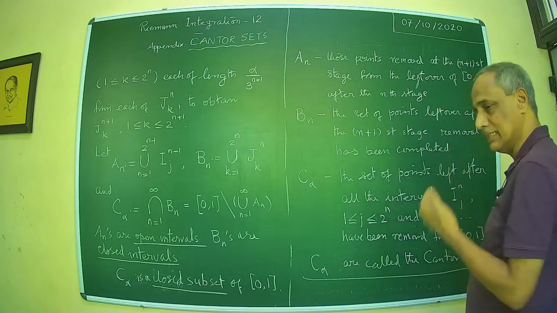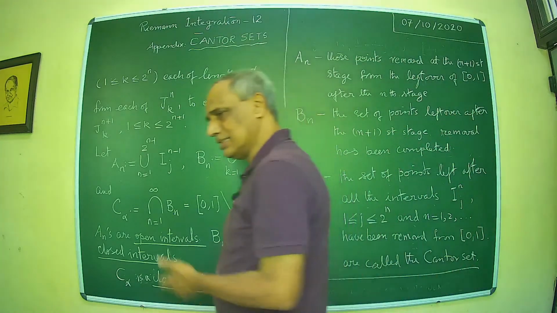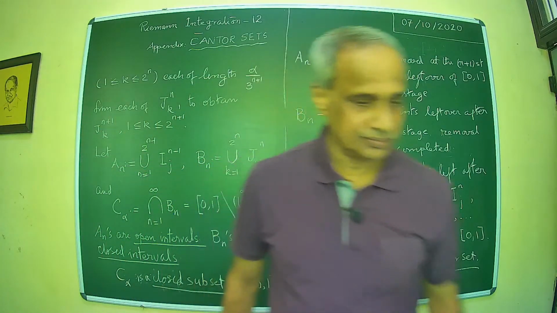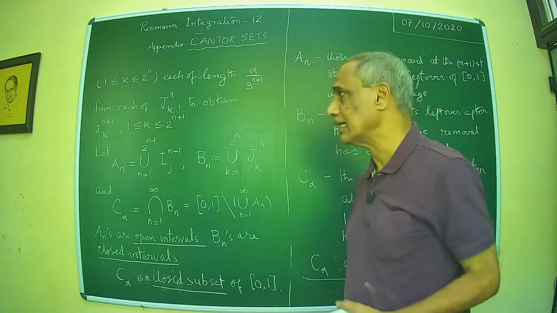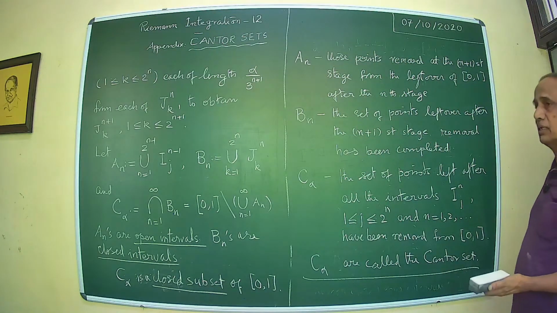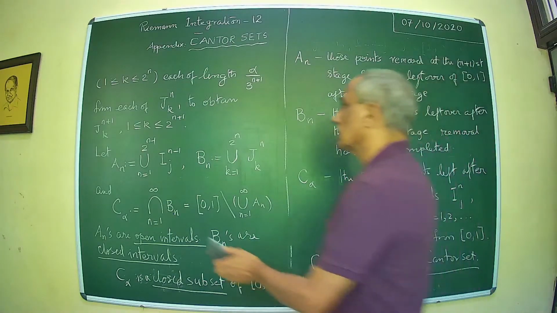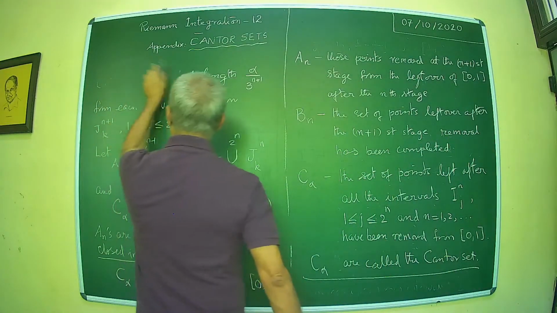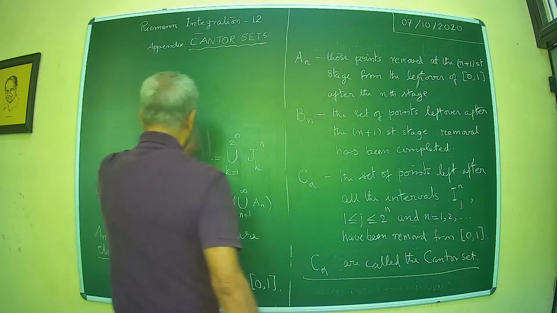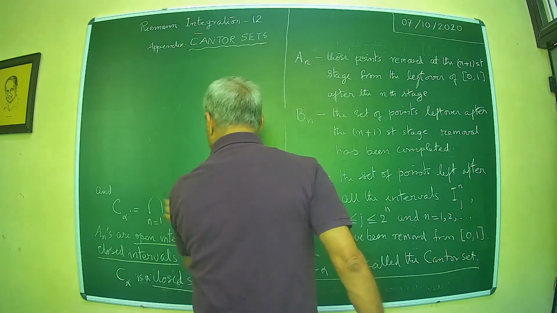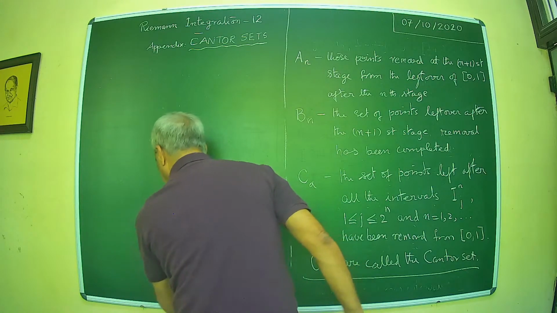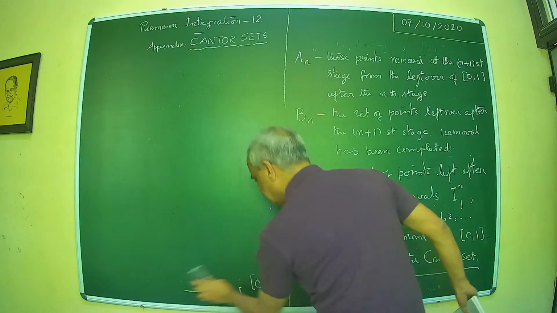So C1 is the traditional Cantor set. So this is in a way a generalized Cantor set. There is something very special about the C1, which is traditionally known as the Cantor set, and this is a generalized Cantor set.